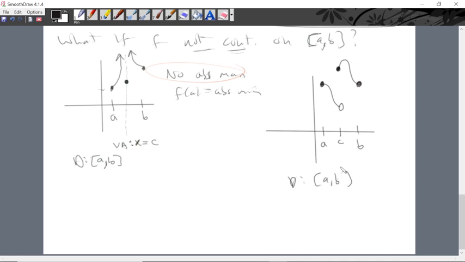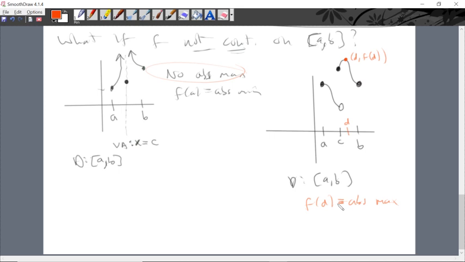Does this function have an absolute max? Does this function have an absolute min? This point right here, let's call this D. Then this is the point with coordinates D, f of D. Well, for this function, f of D is the absolute maximum, even though we have a jump discontinuity here.